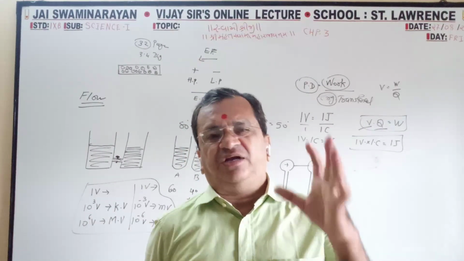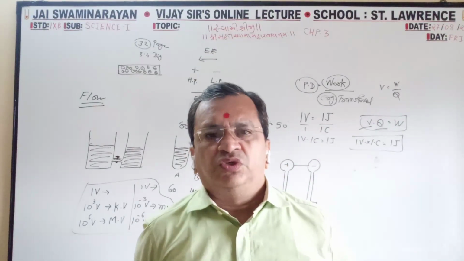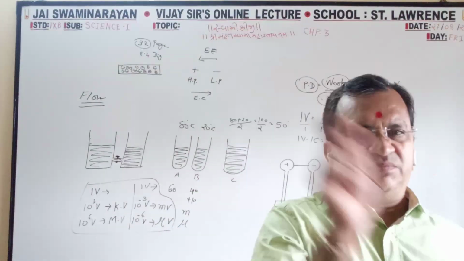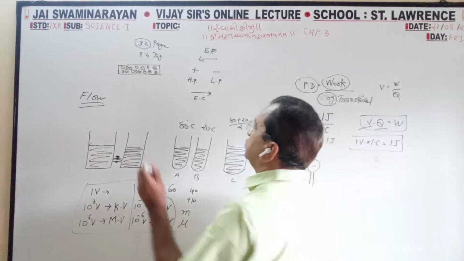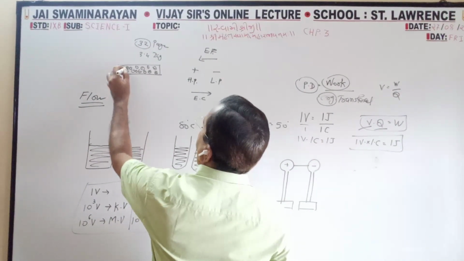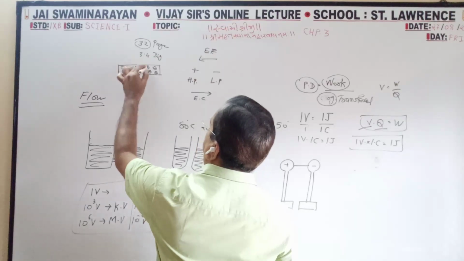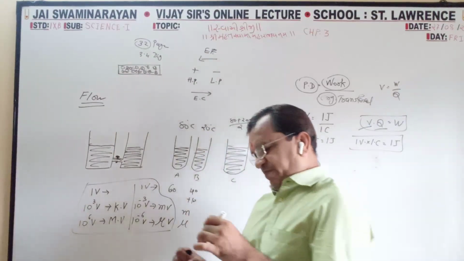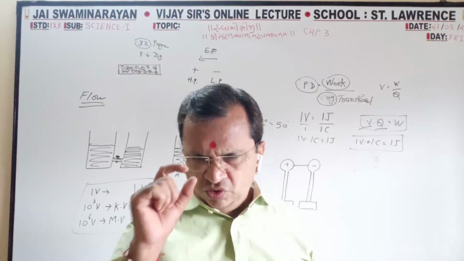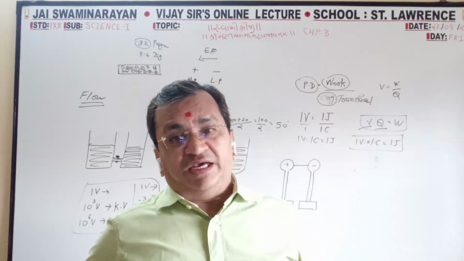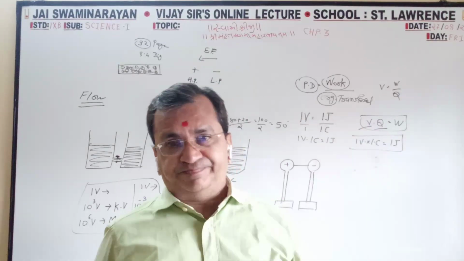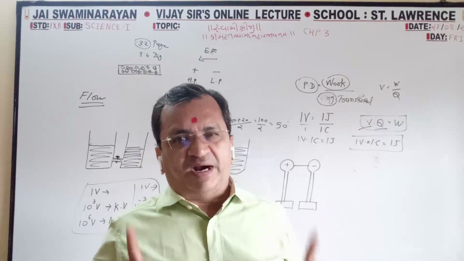It is not a part of a circuit, so the electrons are moving zigzag anyway. This goes this side, that goes that side, because there is no proper point of attraction, so they move randomly because it is not a part of a circuit.